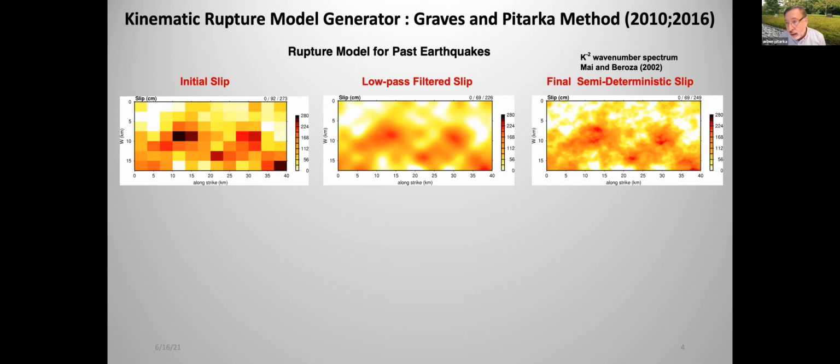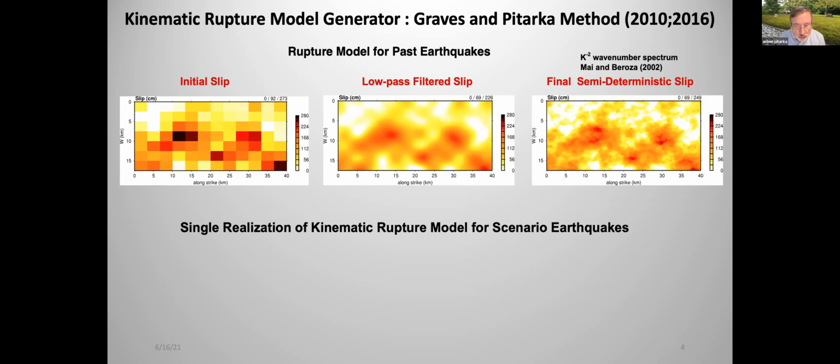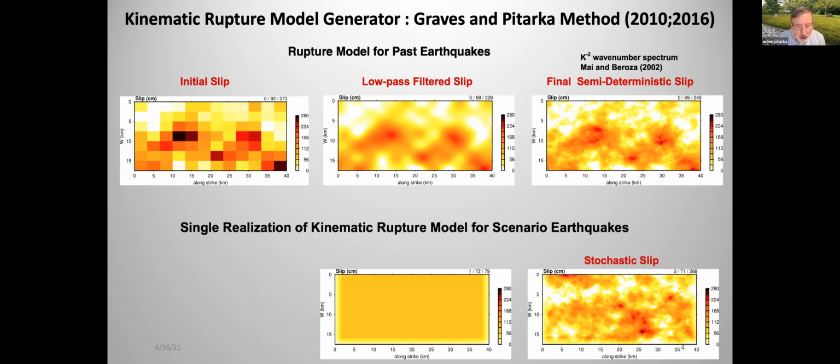And the technique is basically what Mai and Beroza proposed. Now, when it comes to rupture models for scenario earthquakes for a single realization, we go directly to a slip distribution using the k-spectrum. But of course, there is a lot of intercorrelation between those parameters, which I will show here.